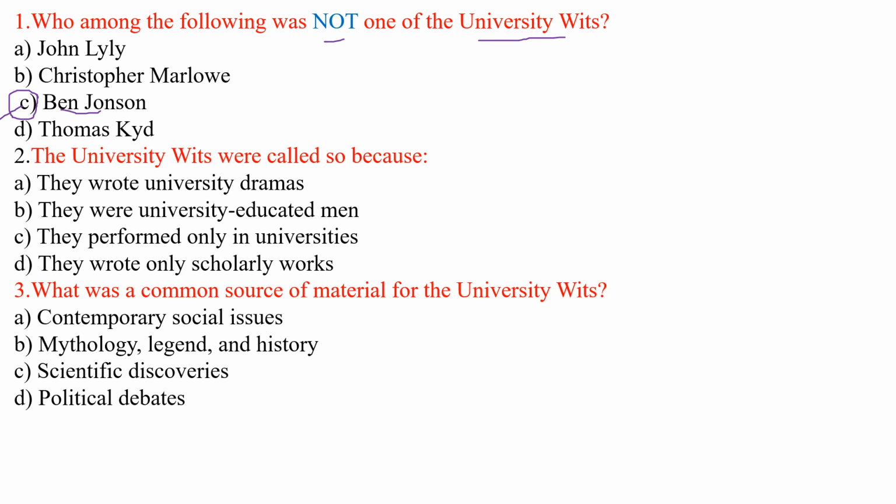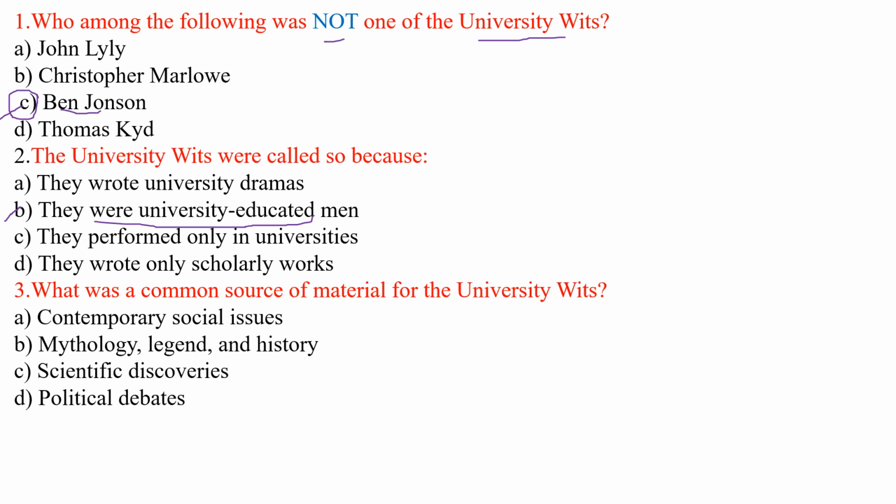The University Wits were called so because... So why were they called University Wits? Because they were university educated men. That's why they were called the University Wits.